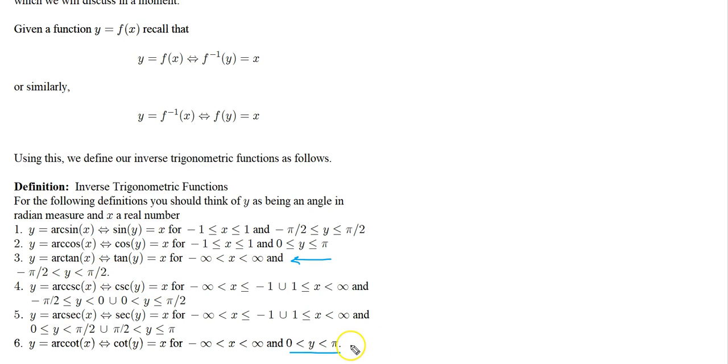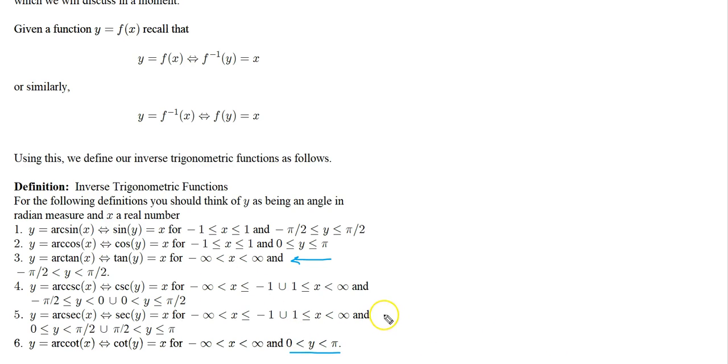And that's because when you define the arc cotangent, in order to make this function one-to-one, you restrict its domain to x being between 0 and pi. And then this domain becomes the range for your arc cotangent function.